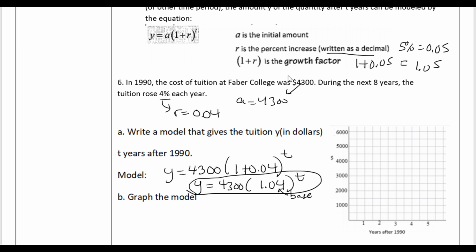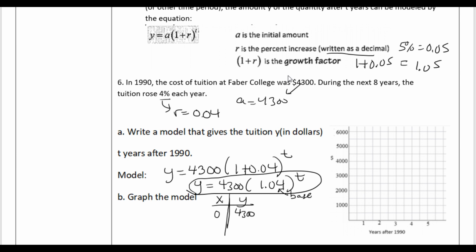So now we're going to graph it. In order to graph it, we need to plug in points. So we're going to plug in for 0, 1, 2, 3, 4, 5. If we plug in for 0, and I'm going to do the rest on the calculator, by the way, so you will need to have a calculator for this part. But for 0, you don't need a calculator. 1.04 to the 0, anything to the 0 power is 1. 1 times 4,300 is 4,300.